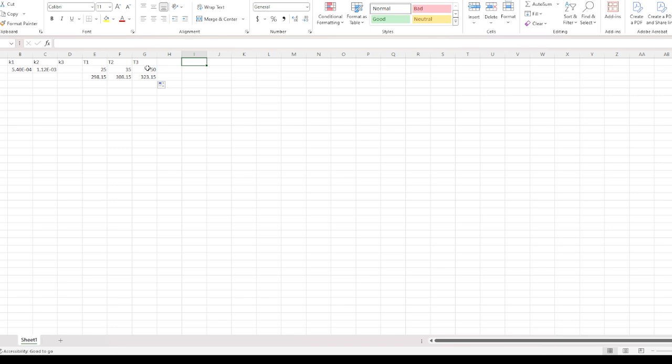My graph needs to be natural log of K over 1 over T. So I'm going to say natural log of K1, natural log of K, and 1 over T. So to do the natural log of K, I have to type equals ln, parentheses, and I'm going to grab that number. Say, what's that natural log?